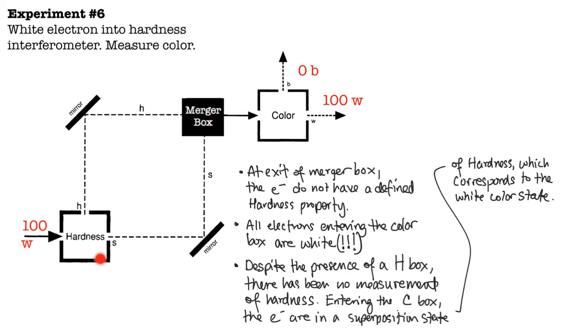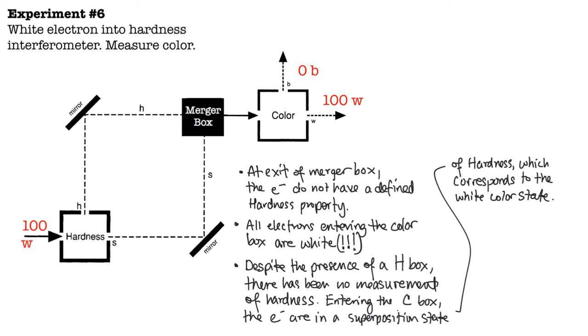Okay, so the hardness box does not guarantee a measurement of hardness unless we know or measure which path was taken through the interferometer. Okay, so what we can say here is at the exit of the interferometer, the electrons are in a superposition of hard and soft, and it turns out that that superposition is equivalent to being white, to having a defined color.